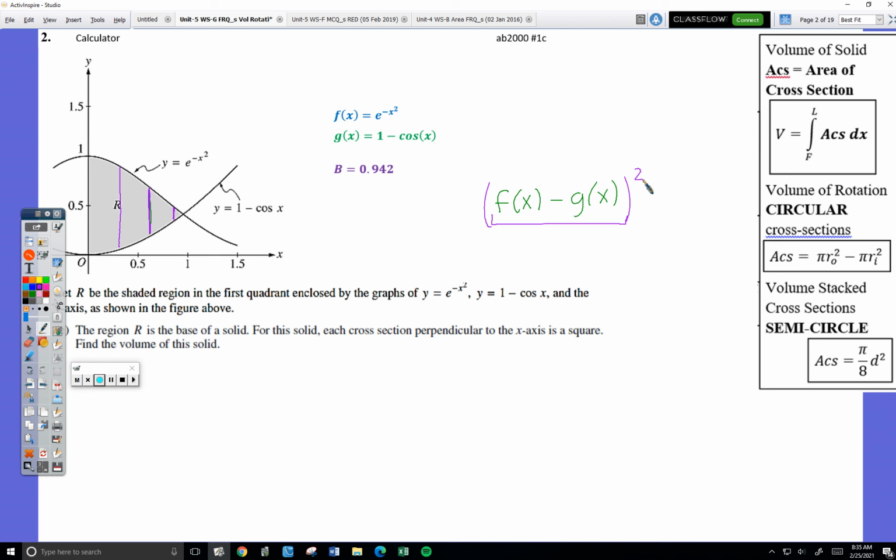Stay with me. So this is now the area right here. This is the area of one slice at whatever x you specify. Multiplying by dx, I get the volume of one slice at whatever x I specify. Now I just need to do that computation over and over again. Done. Pick up my calculator, collect my points.